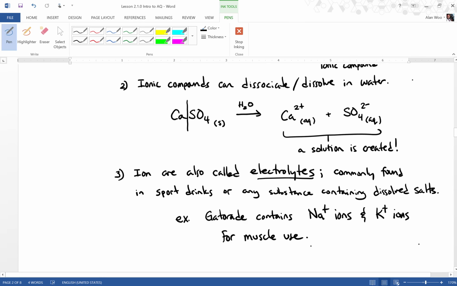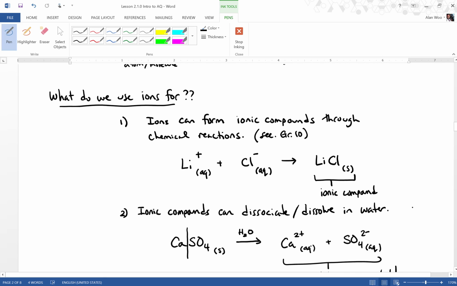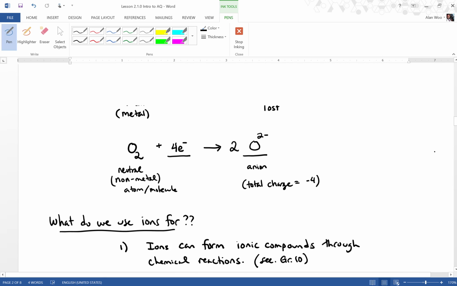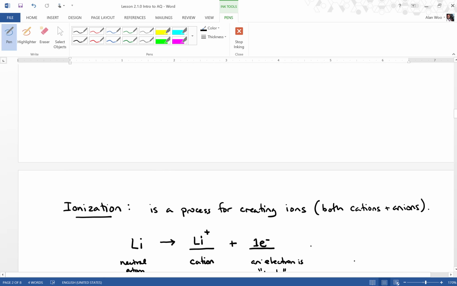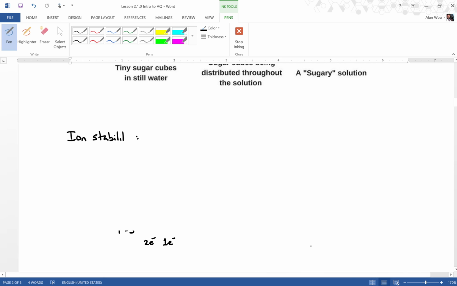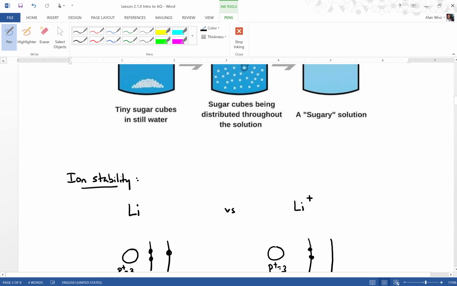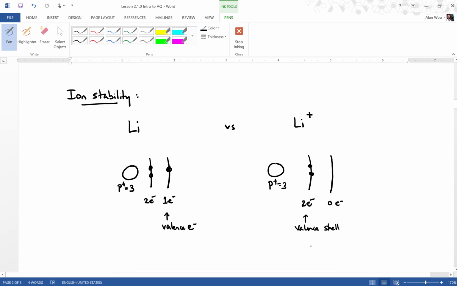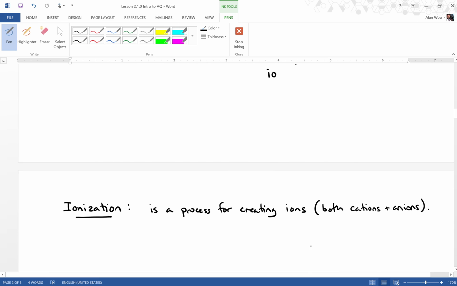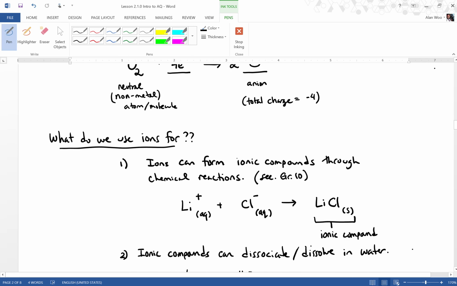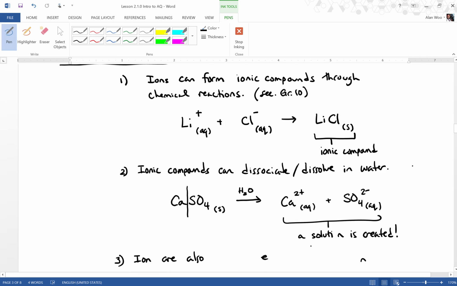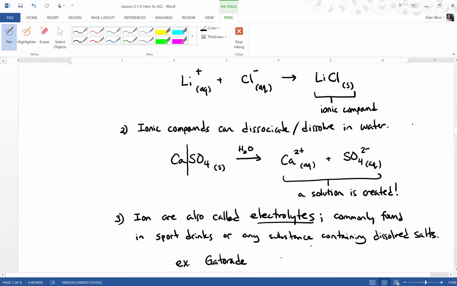So just to summarize, we've gone through how to create ions, how stable ions can be, how they lose electrons, how they gain electrons, how we separate compounds to form ions, how we use ions to form compounds.